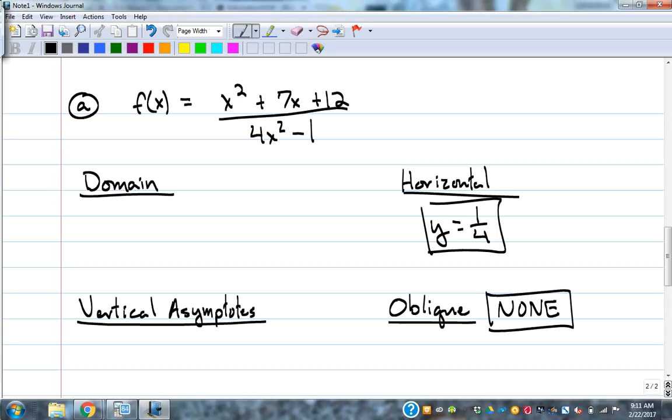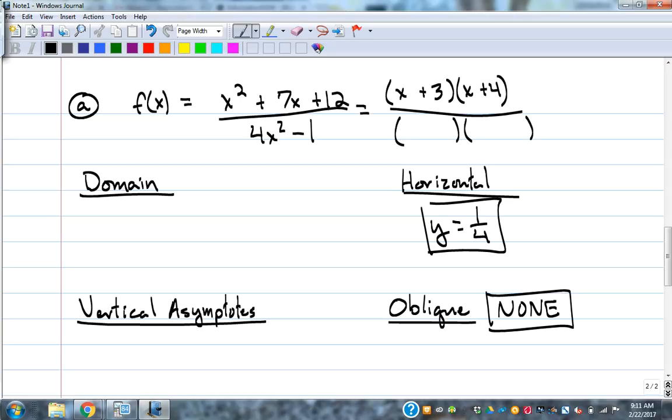Okay. Now, one of the really helpful things to do is to just factor everything in the problem if possible. Not every polynomial factors. These happen to factor. Factor the numerator, x squared plus 7x plus 12: x plus 3, x plus 4.